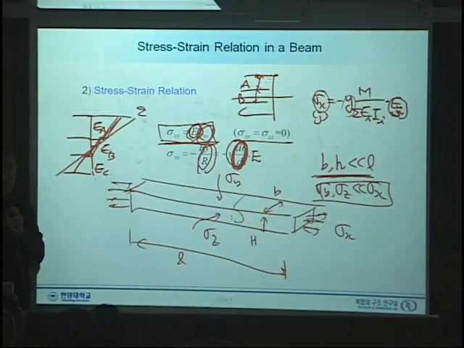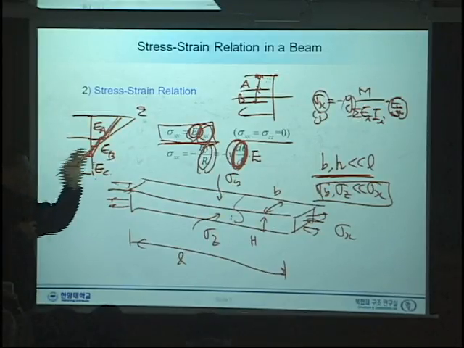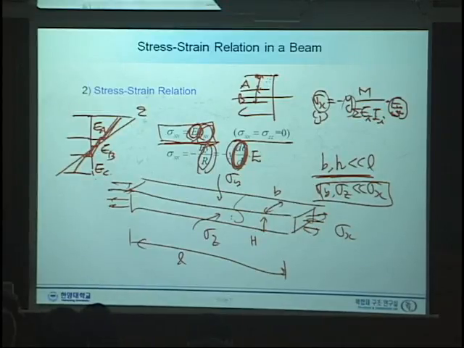So stress can be discontinuous, but strain is always linear. To understand this, as I told you, you need to be able to derive these steps: the strain observation, the stress-strain relation, and the moment-stress relation.